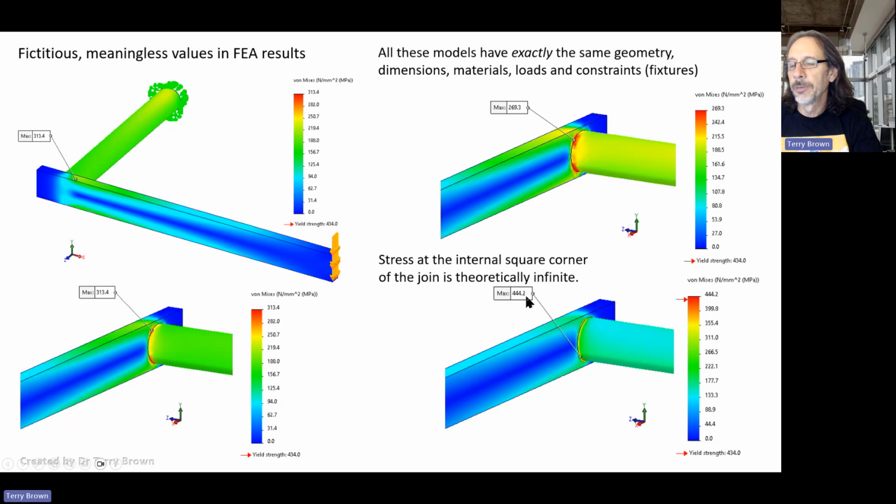So what you're doing by increasing the number of elements, making them smaller and smaller, is chasing infinity. And you're obviously never going to get there. So don't make the mistake of just using this value as presented by SolidWorks or any other finite element software for that matter, and think this means something.